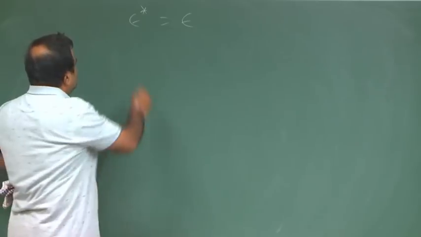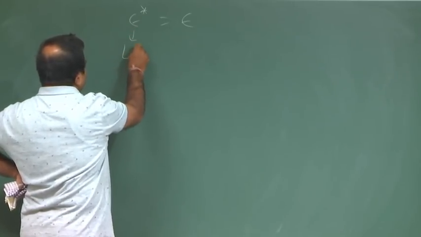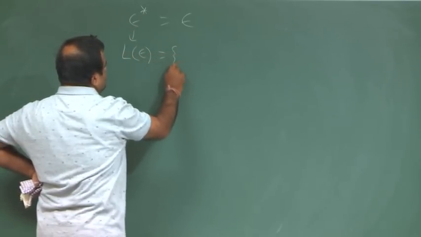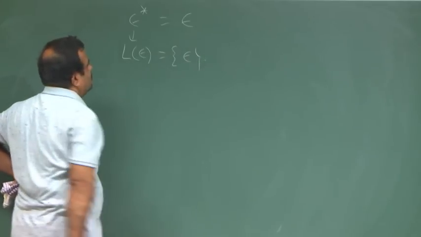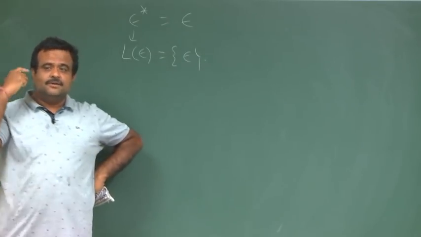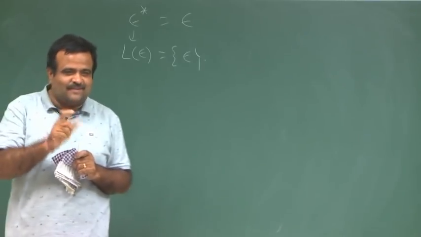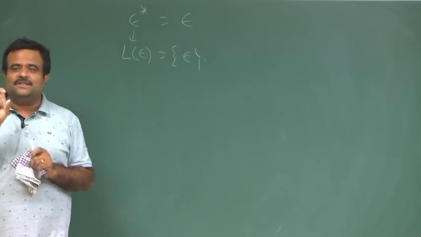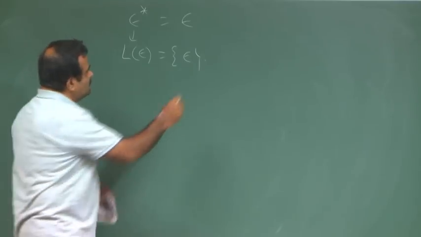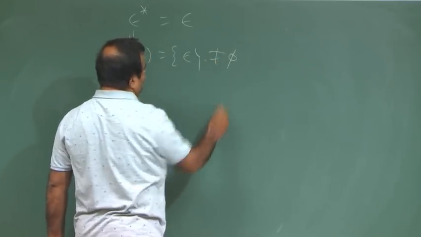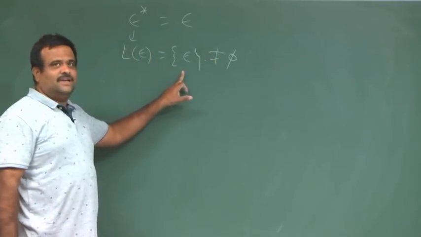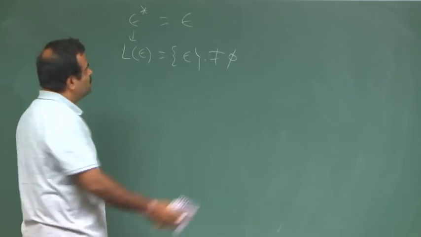The language corresponding to epsilon is just a singleton set containing the null string. No symbol is there, but this is not empty. It contains the null string, so this is not the same as phi.